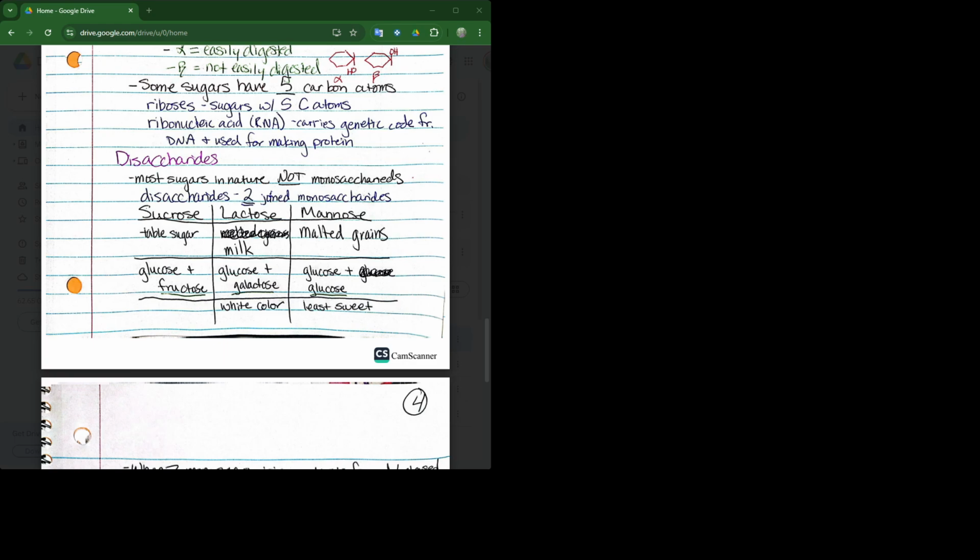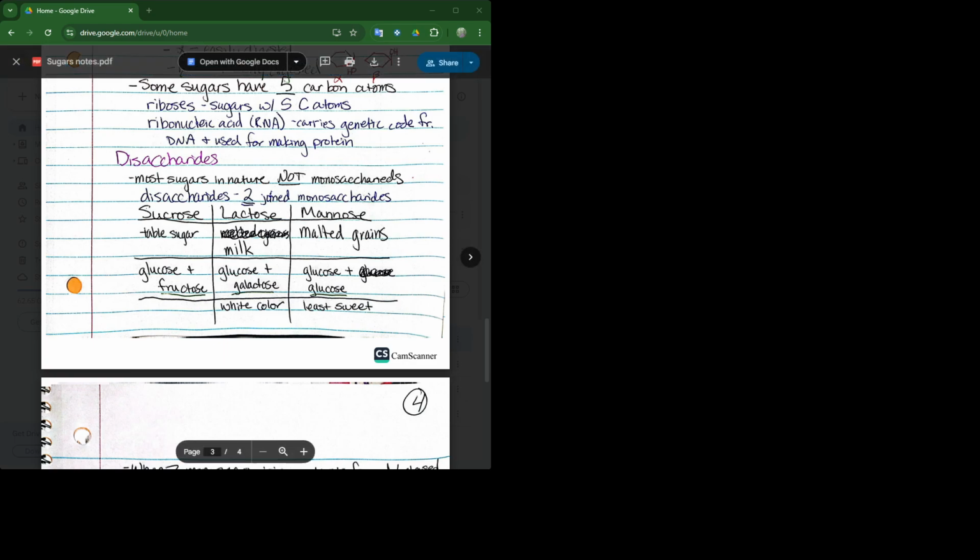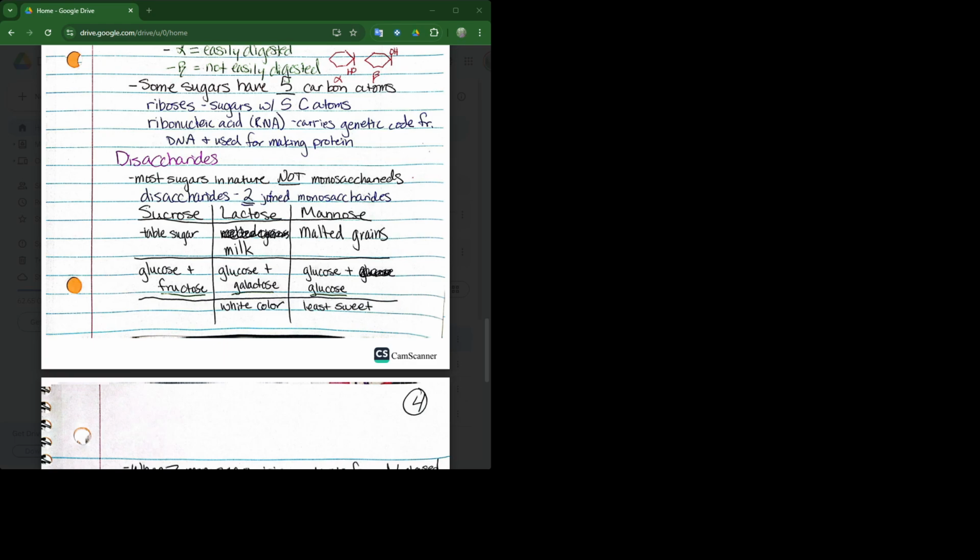Okay. Notice here, by putting it in a table, I've done something for myself. Look at the composition line. Glucose and fructose, glucose and galactose, glucose and glucose. So all of them have glucose. So if I can remember that all of these 3 major disaccharides have our most common sugar, glucose, then now all I have to remember is what the second one is, right?